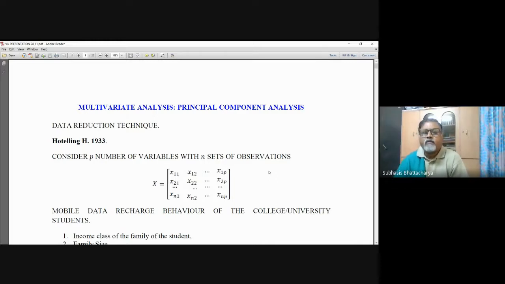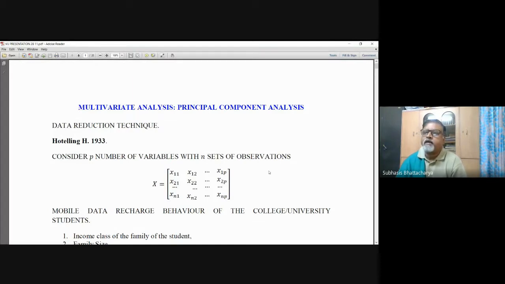So what is PCA? PCA is a data reduction technique, and it was developed by Harold Hotelling in 1933. So before entering into the hardcore principal component analysis, let us try to understand the variables in terms of sensibility, that is, which variable is more sensible, which one is less.